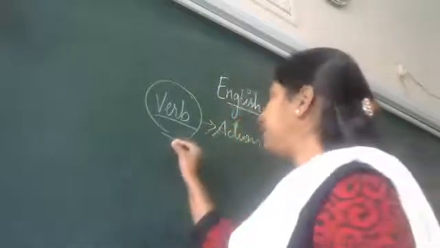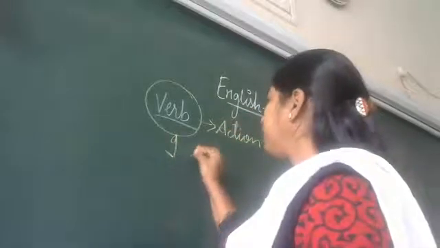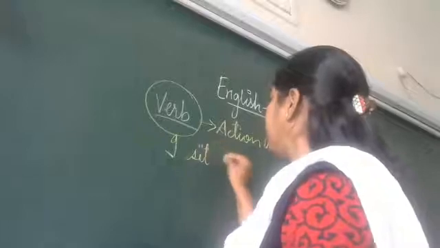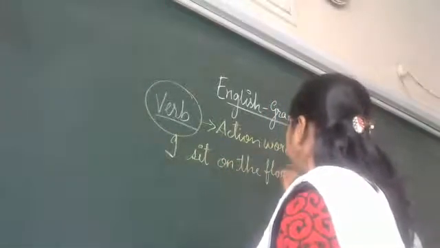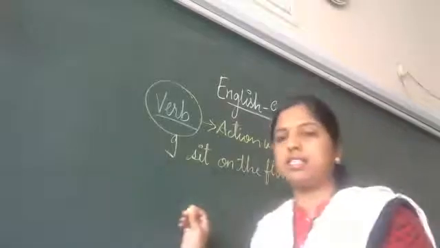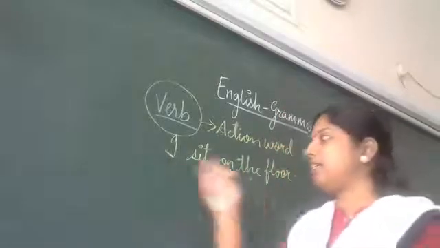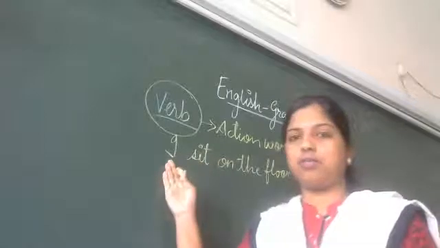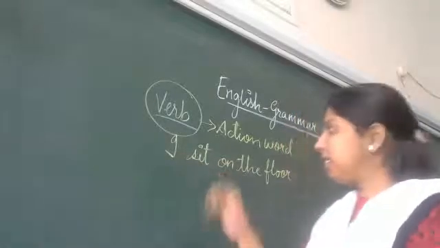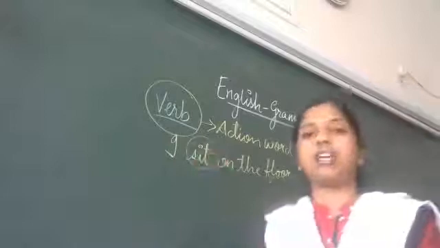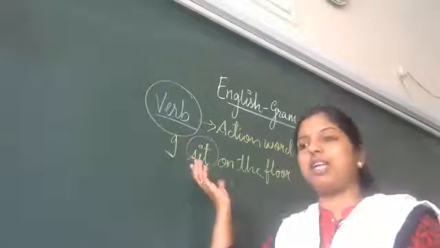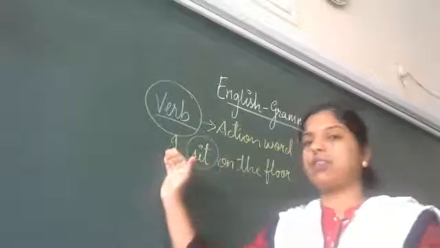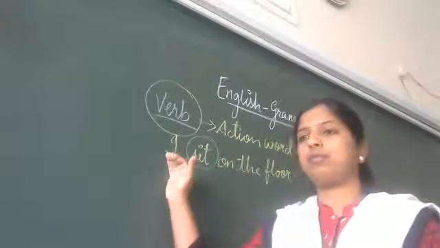For example, if I say, I sit on the floor, this is a sentence. In this sentence, I is the subject. Then sit is an action word which tells us what the subject is doing.